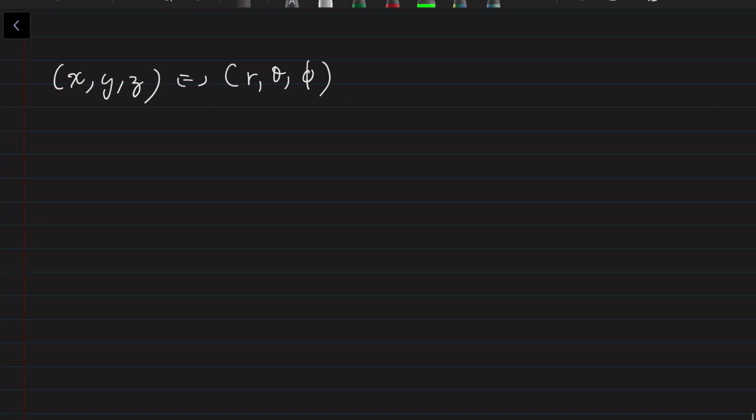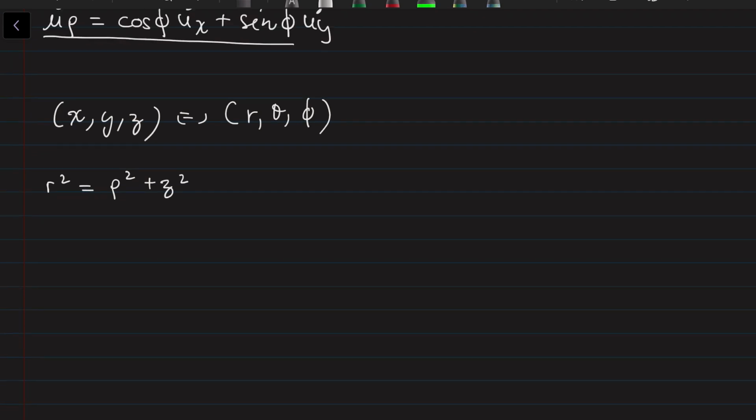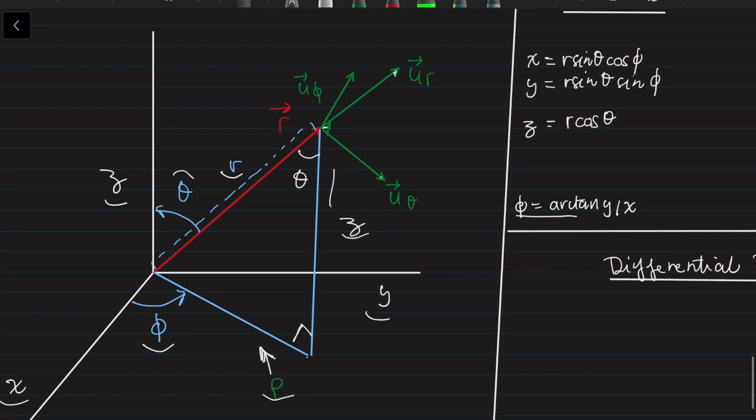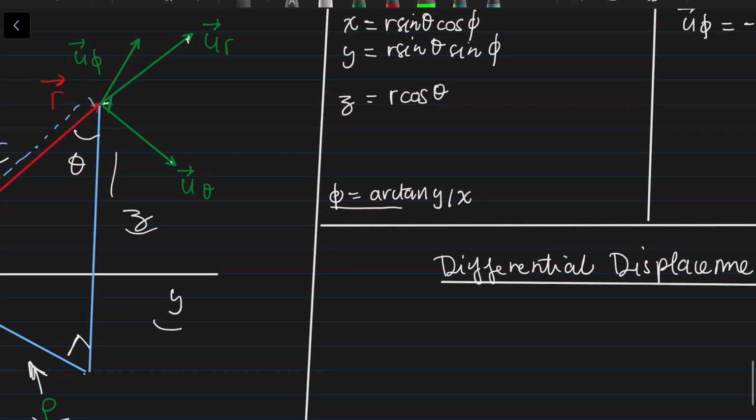So we get that r squared equals rho squared plus z squared. But remember, rho squared is just x squared plus y squared. Okay, so this gives us the expression for r. So r equals the square root of x squared plus y squared plus z squared.